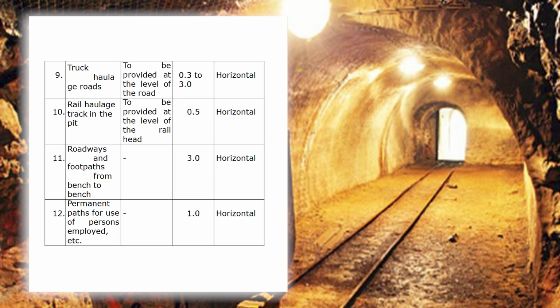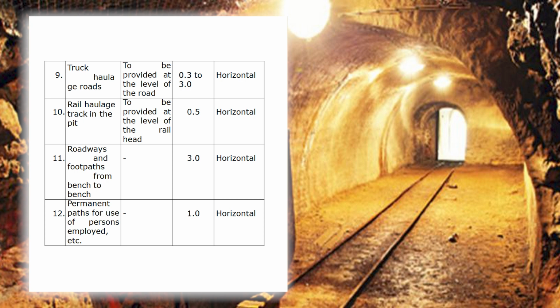Next is truck haulage roads, to be provided at the level of the road, lux should be 0.3 to 3.0, the level is horizontal. Next, rail haulage track in the pit, to be provided at the level of the rail heads, lux should be 0.5 and the level is horizontal.